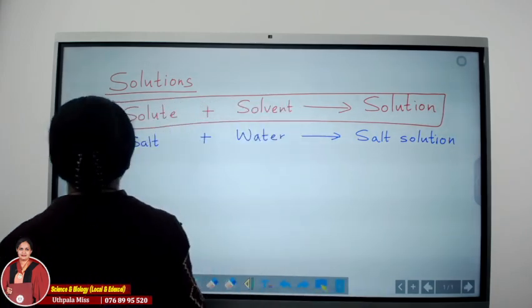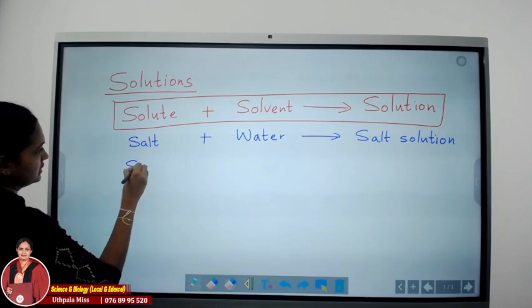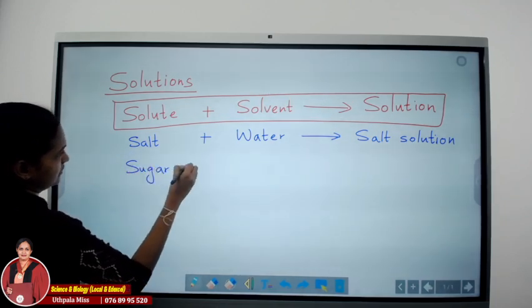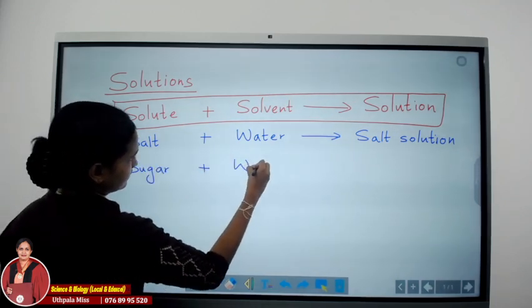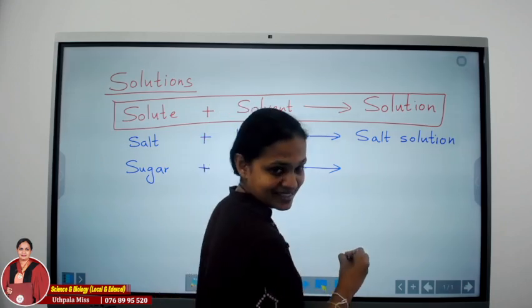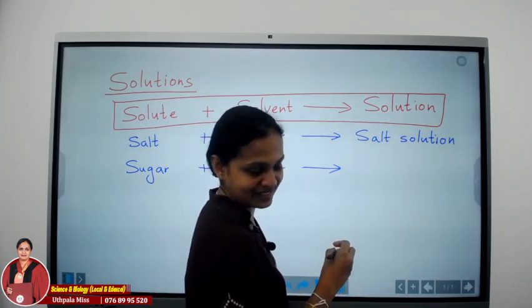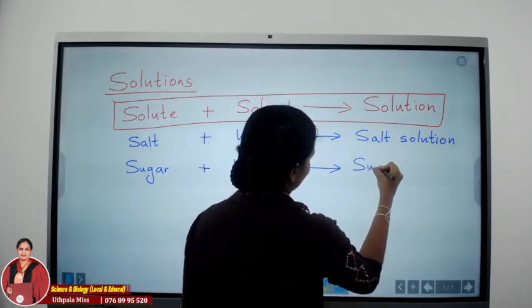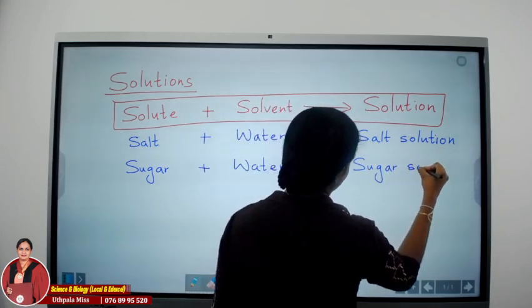Then, once we take sugar and water, it becomes a what? A sugar solution.